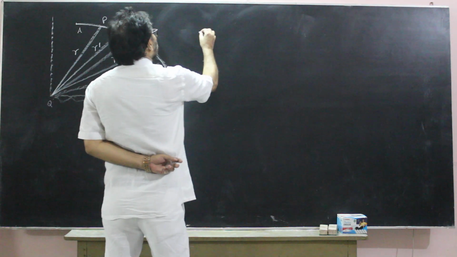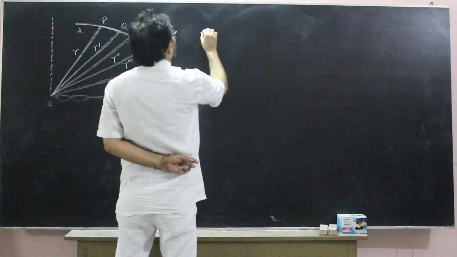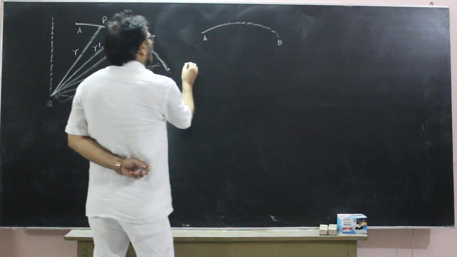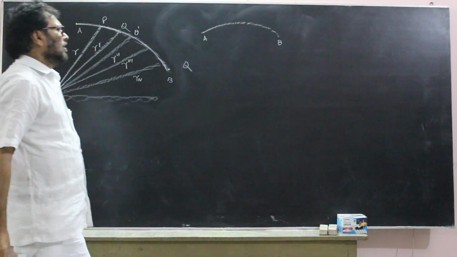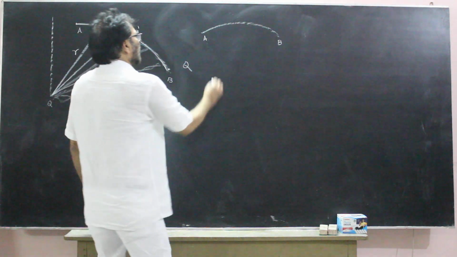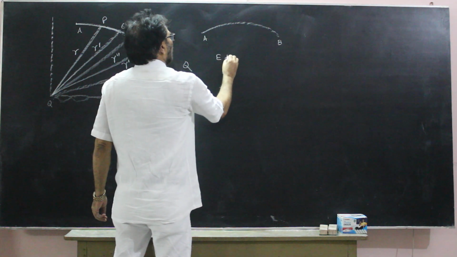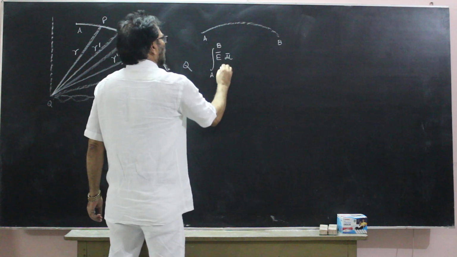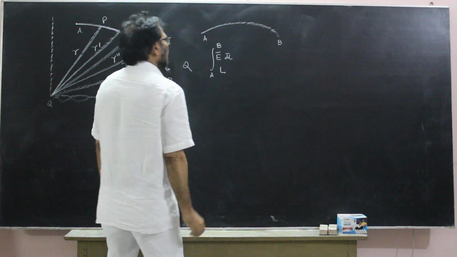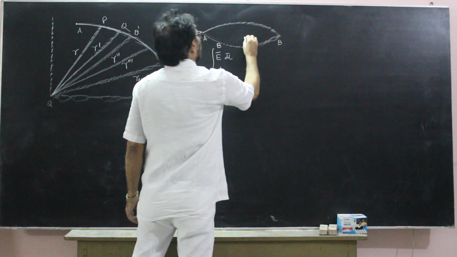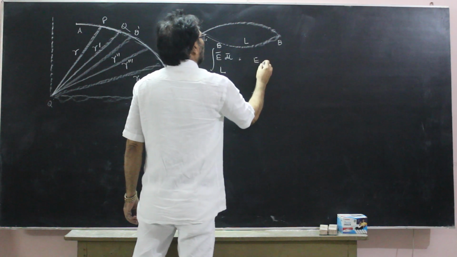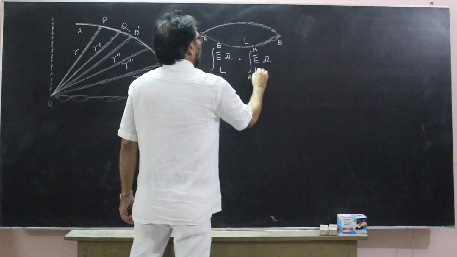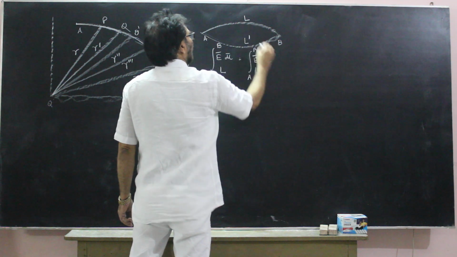We have proved that this is point A and this is point B in the field of charge Q. And if we calculate E dot dl from A to B through L, and if we calculate E dot dl from A to B through L dash, this is L and this is L dash, both are equal.